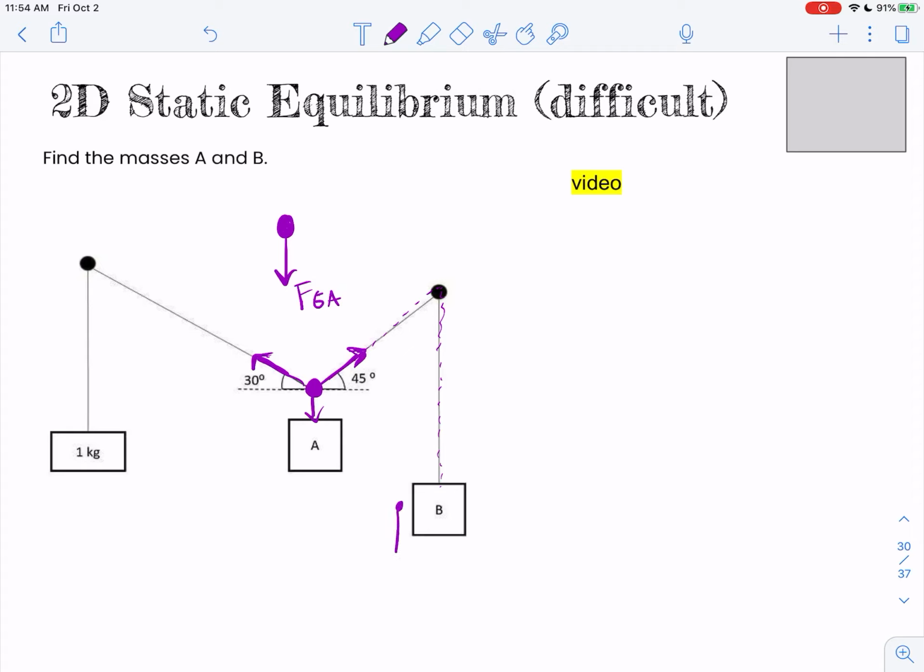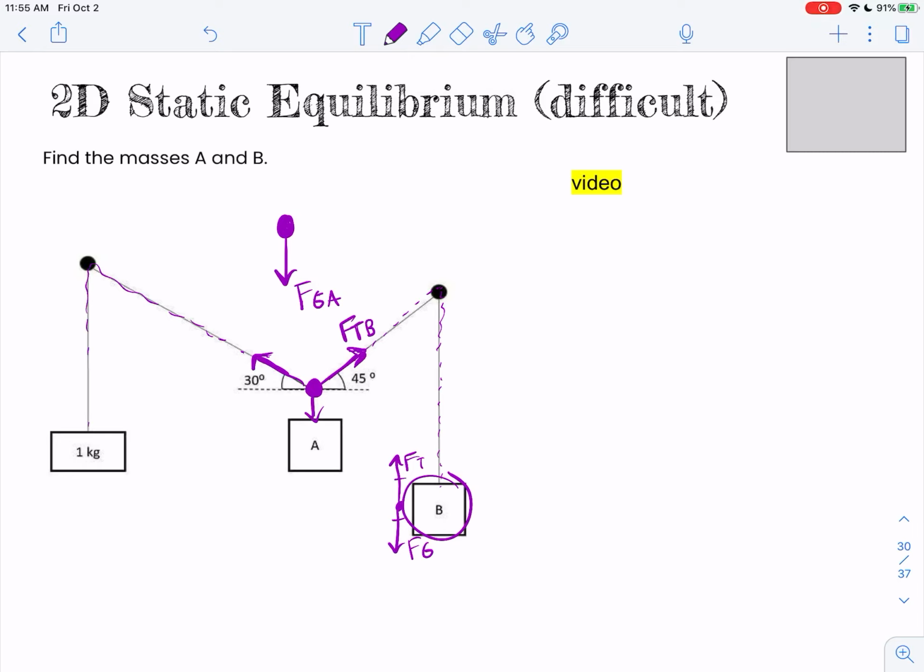So in effect, you're saying this force of gravity and this tension are equal. So this tension here, let's call it FTB, is really the force of gravity on the block B. That's really the weight of block B that's pulling it around, okay?